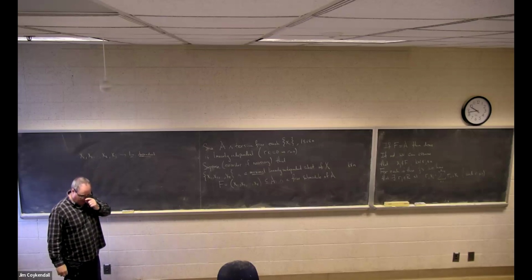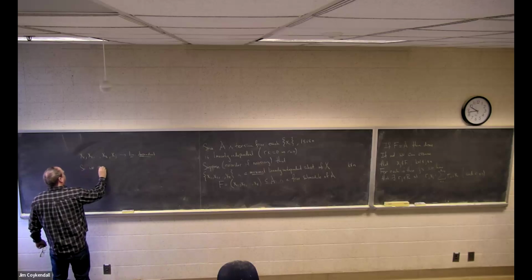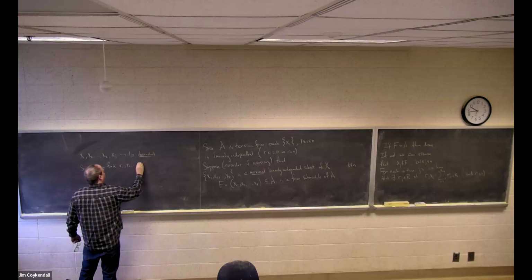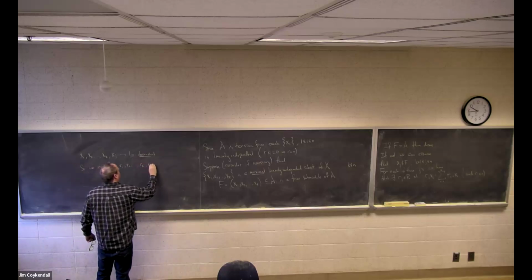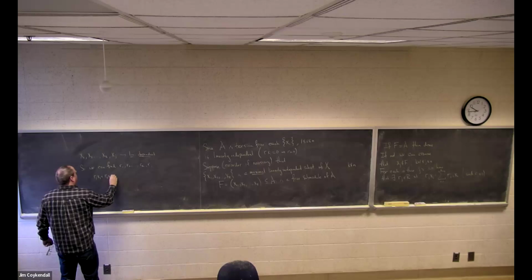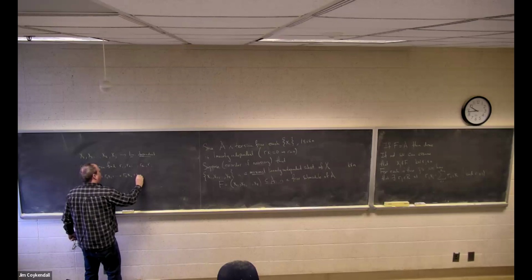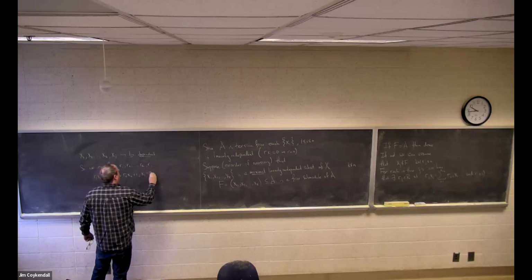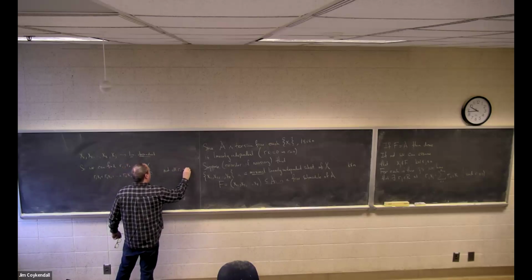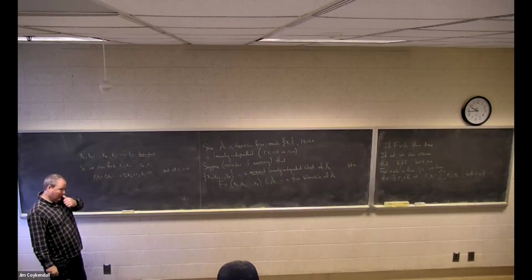So we can find r1, r2, ..., rk, rj such that r1 x1 + r2 x2 + ... + rk xk + rj xj = 0, and not all ri are 0. Right? Everybody agree with that?